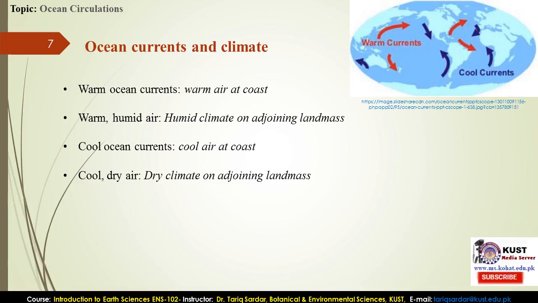Firstly, if we see the image I've shown, the warmer currents will move towards the polar areas. Here we have the north pole and south pole, here the west and east.